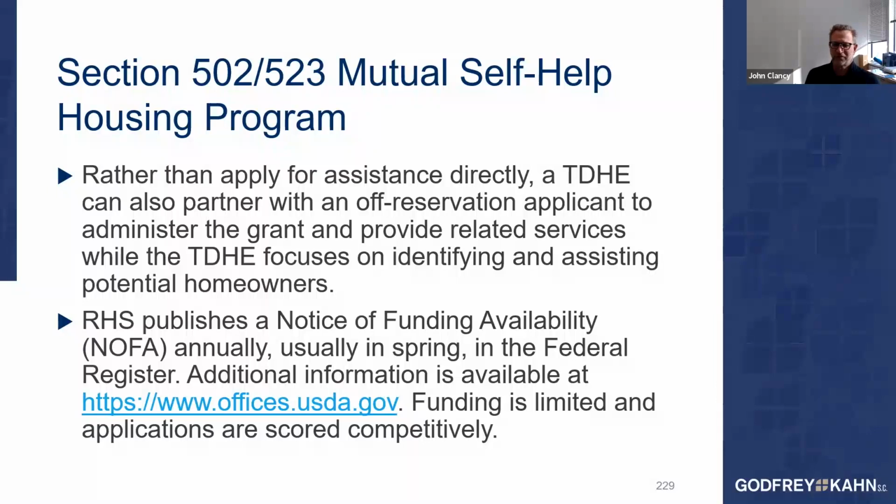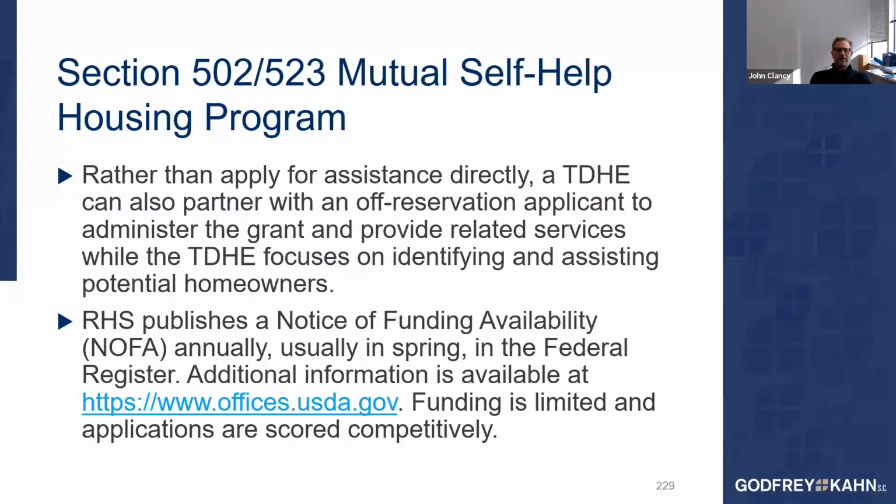While maybe the TDHE focuses more on identifying which folks would be good homeowners and assisting those prospective homeowners. So you don't have to necessarily take on the role of being the construction supervisor and everything like that. You could basically subcontract that out by having a partner apply to be the one that provides those services as well.